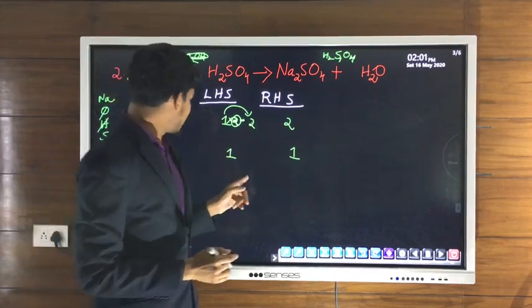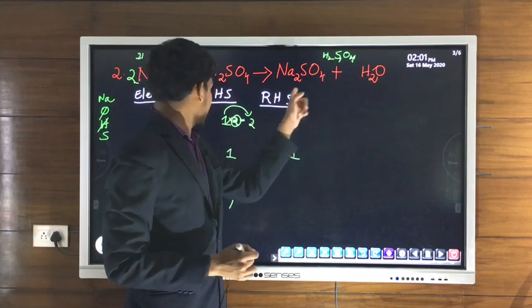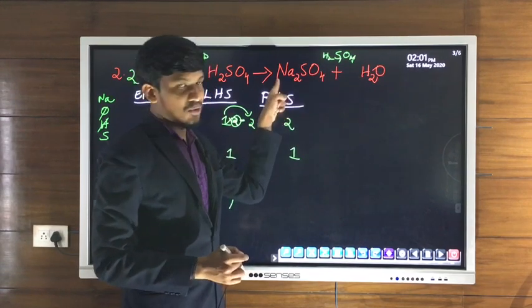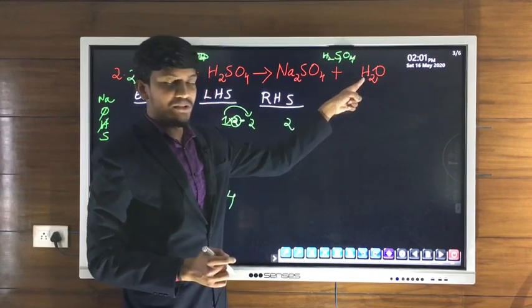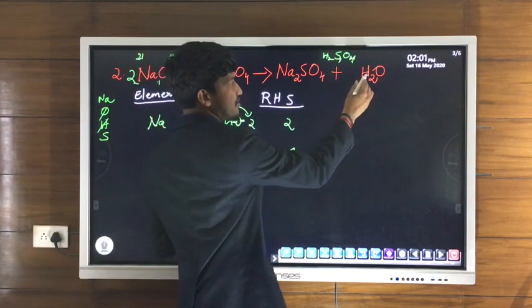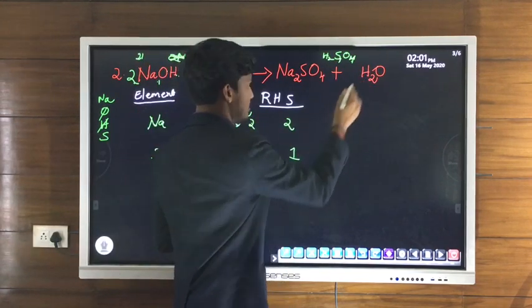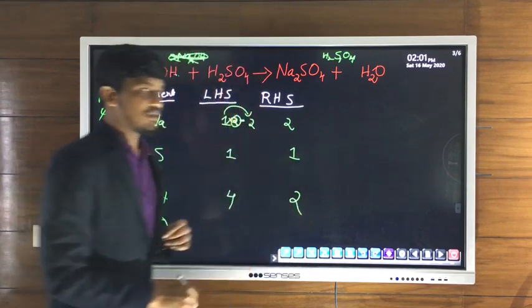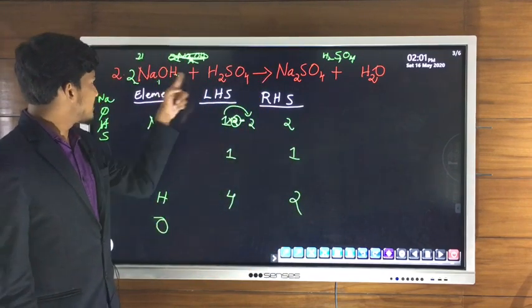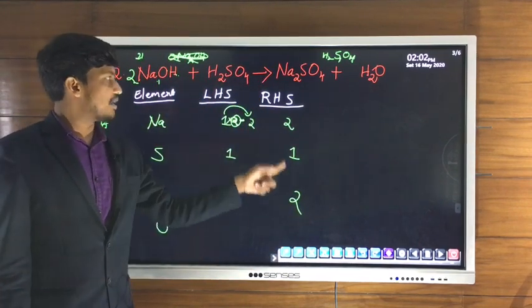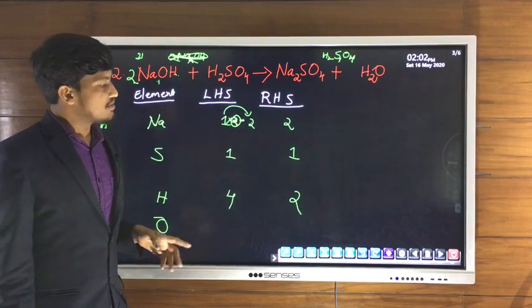Now on the RHS, hydrogen is only in the second product. The number of hydrogen atoms on the RHS, H2O, is 2. Now see, 4 hydrogen atoms on the LHS, 2 on the RHS. So how can we make them equal?